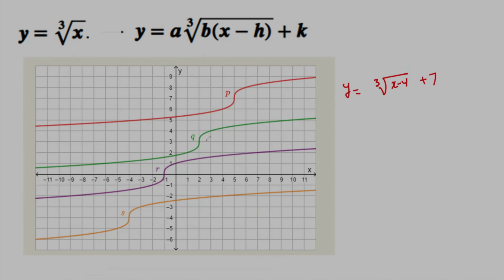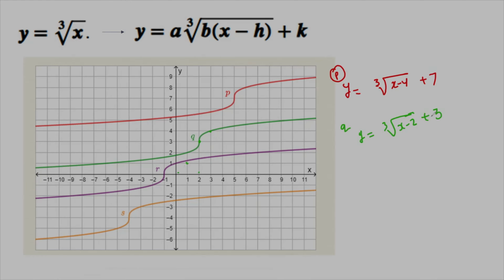The green one, Q. Now here the center is moved again. If you go one up and one right, you reach the same spot. The other coordinate is 1 comma 1 in the parent function. The center is moved 2 to the right and 3 up. So the Q function would be x minus 2 and plus 3 up.